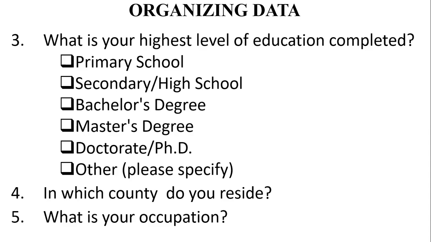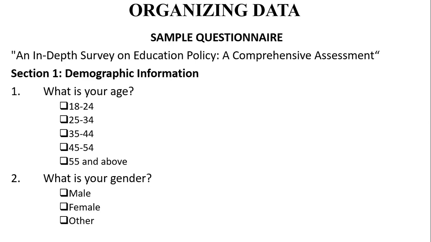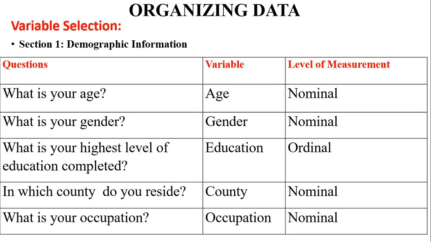Now, having looked at this information, we can identify the various variables that the researcher was looking for and the variables as given by the respondents. In this case, question 1 was asking the age. Now, the variable here was the age, and the level at which this variable was measured was nominal.